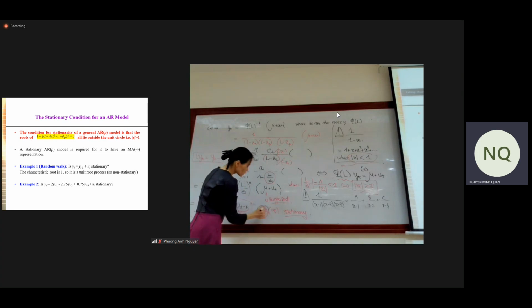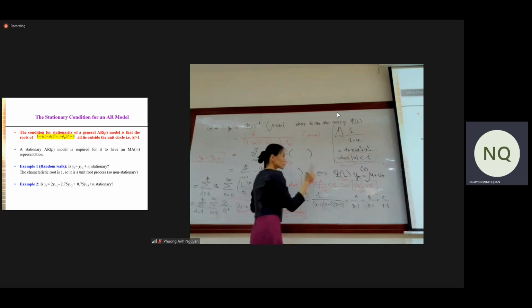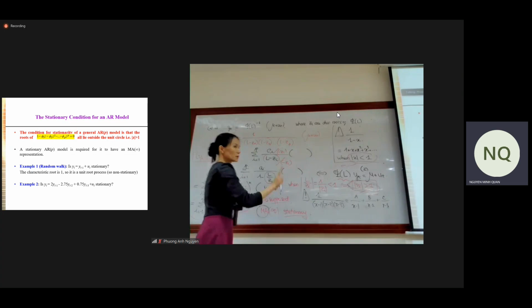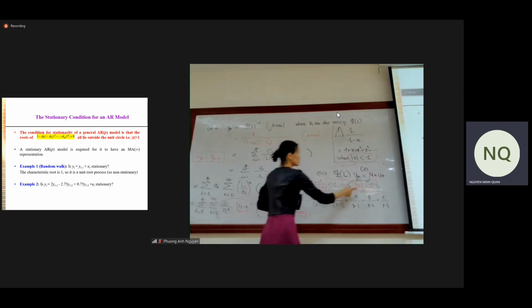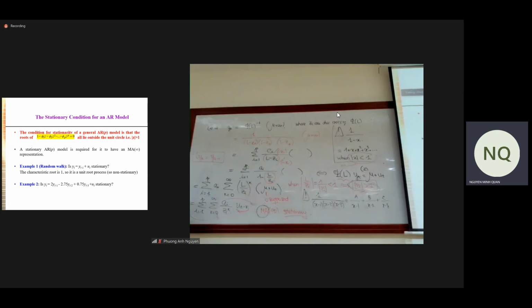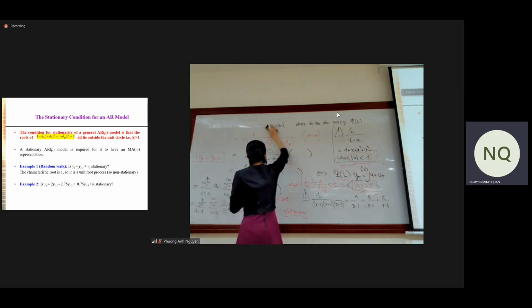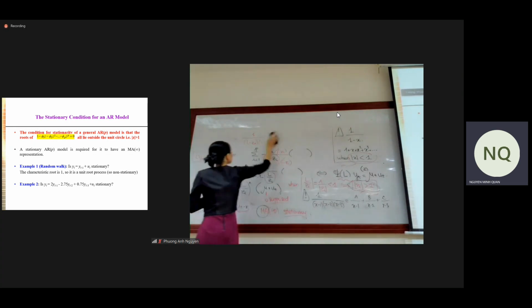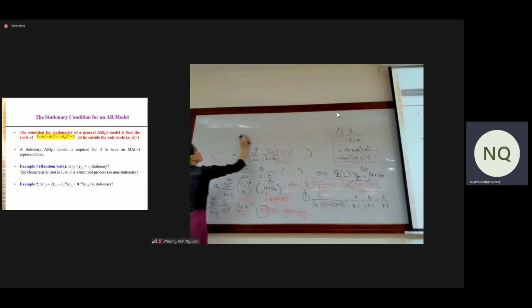And you all know that an MA series is always stationary. It works well under this condition. So when you transform, we need this condition for this to go well. Now, of course, it is much easier to apply. Stationary or not, random walk.